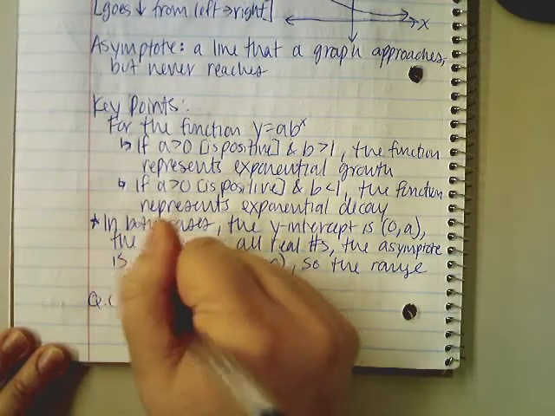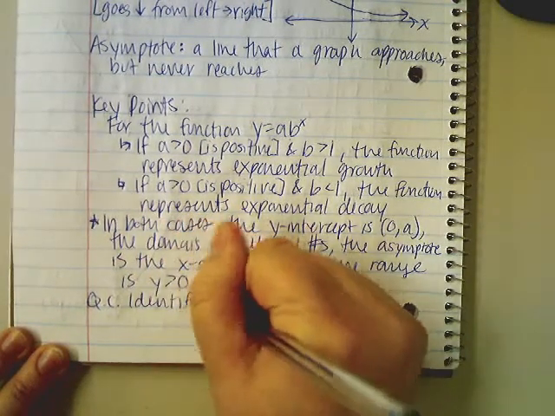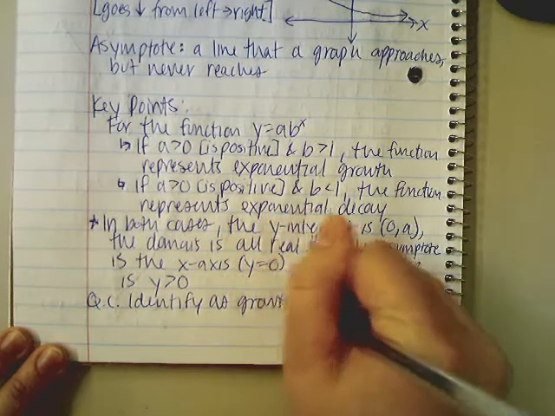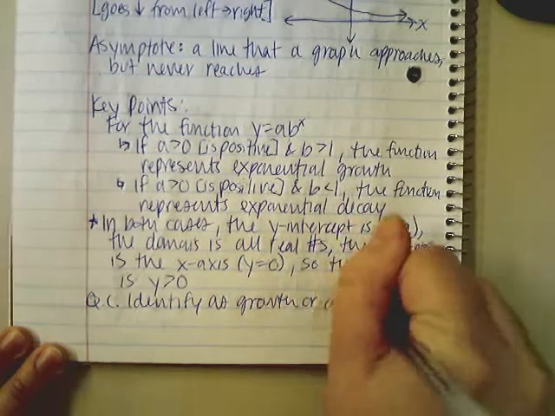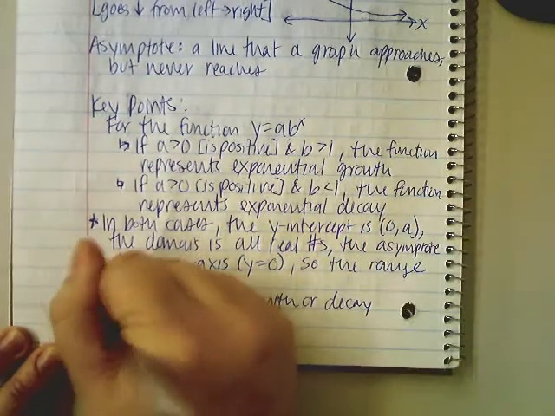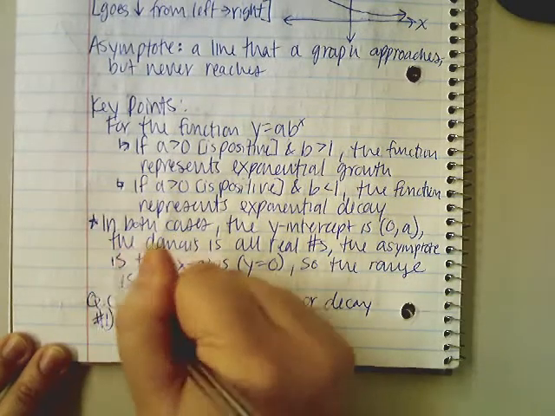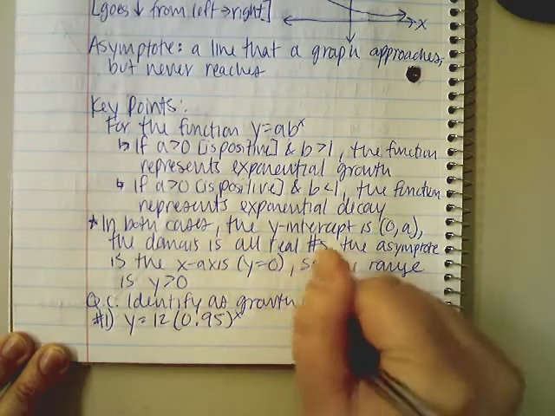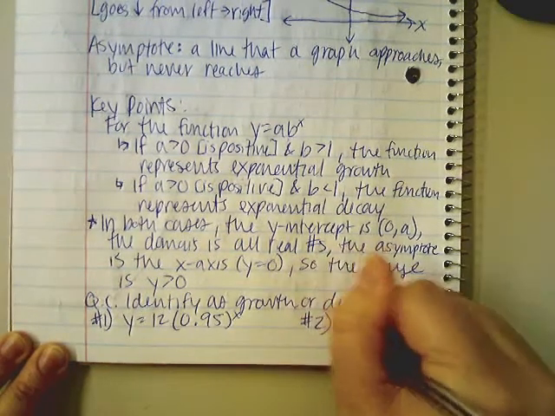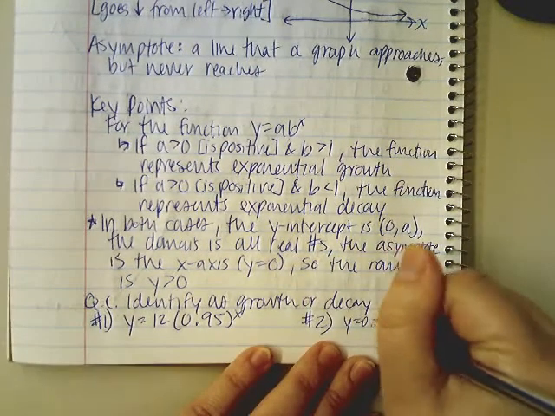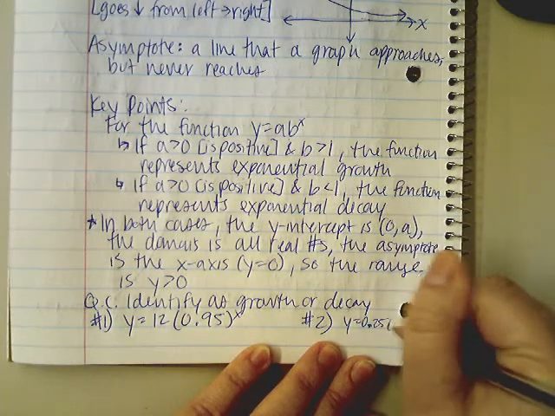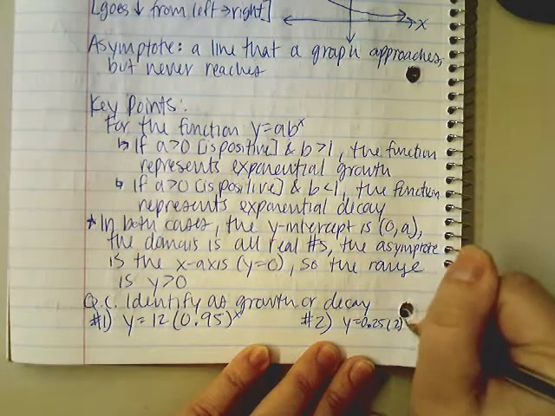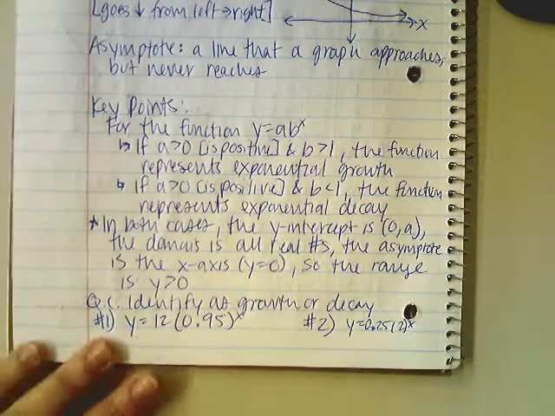So I want you to identify as growth or decay. So tell me if each of these functions is exponential growth or exponential decay. I have y equals 12 times 0.95 to the x, and y equals 0.25 times 2 to the x. Sorry, that's in the exponent, ran out of space.